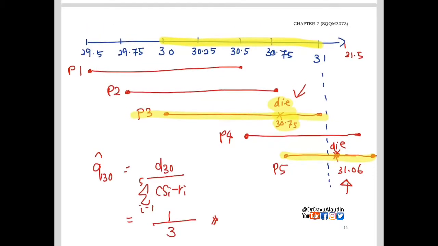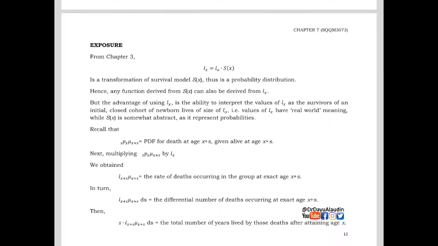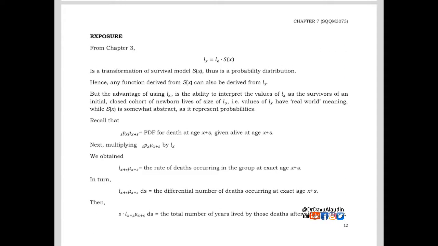Okay, now so next we go to exposure. So exposure is the denominator, which is the summation of SI minus RI.